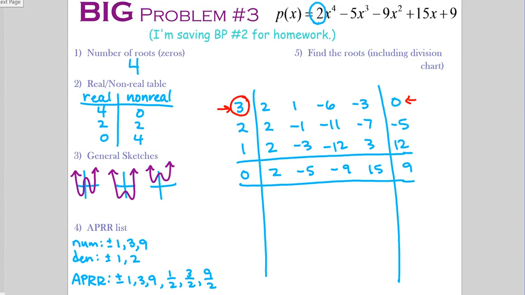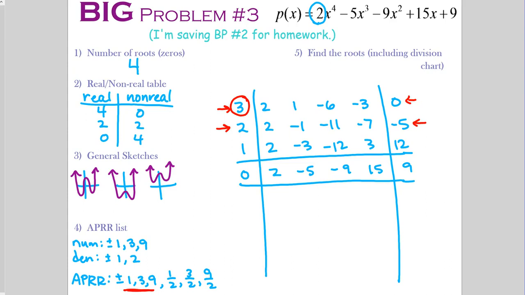But the other thing I want to point out is that I made a row for 2. Even though 2 is not in my APRR list, and I know that 2 is not going to be a root, I made a row anyway for 2 important reasons. One reason is I'm going to want to have a lot of points to plot, and 2, -5 is a point I can plot.